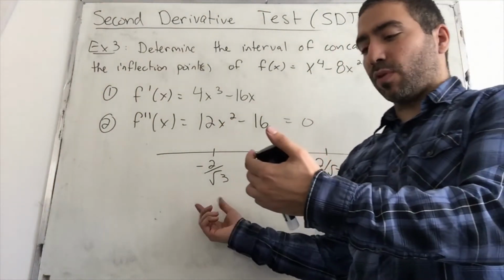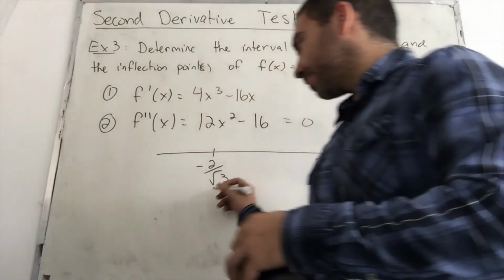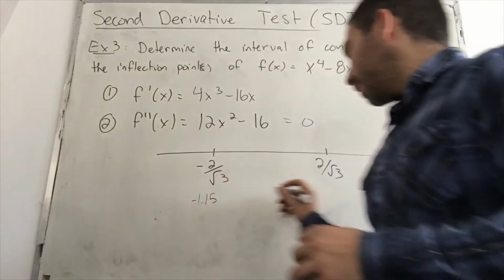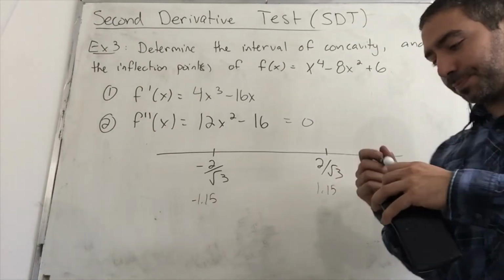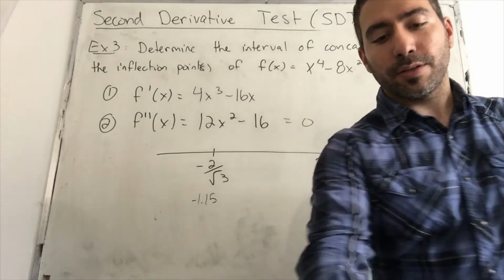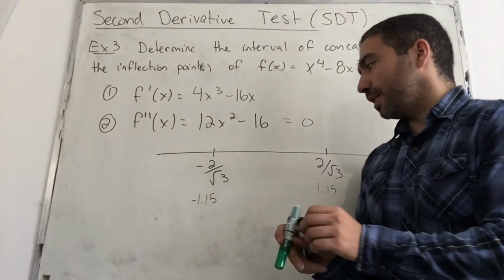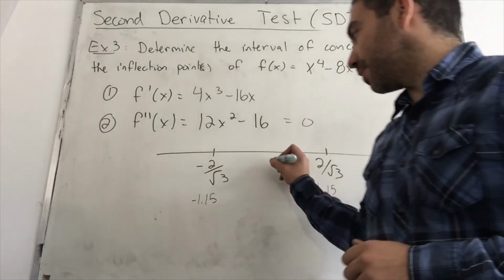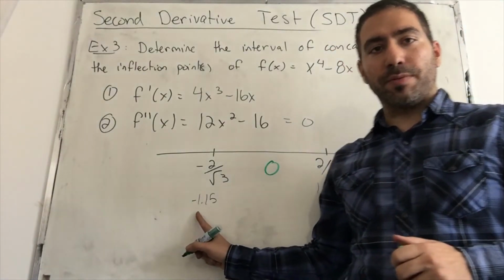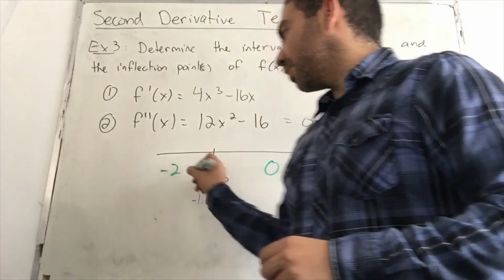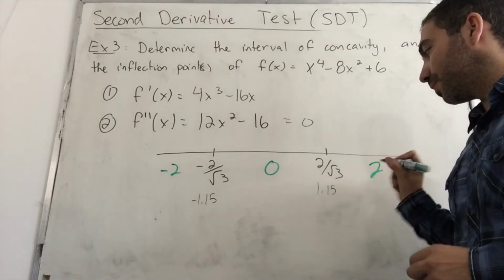This is about negative 1.15, and this is about positive 1.15. For the test values, we have to choose values in between, which is easy. One's negative, one's positive, so we could just take 0. To the left of negative 1.15, we could take negative 2, and to the right we could take positive 2.